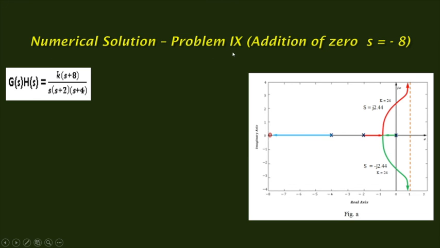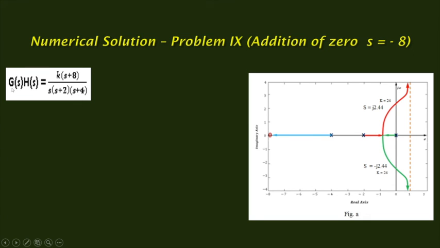Numerical solution problem 9. Addition of 0 is equal to -8. That means if a zero is added far away from the origin, then there is a slight change in the root locus.